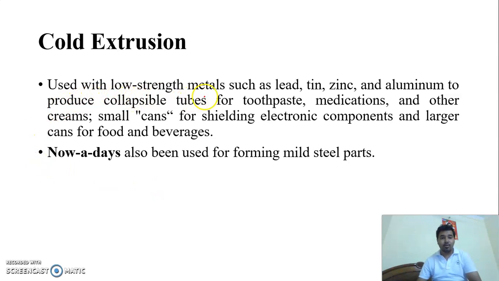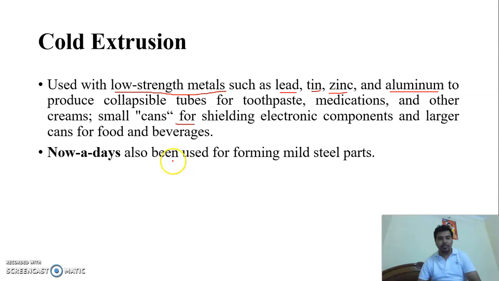It is used with low strength metals. Low strength means ductile material, that is lead, tin, zinc, aluminium. These are all ductile materials used to produce collapsible tubes for toothpaste, medication, and other creams. We can also make cans, for example, cans for cold drinks.